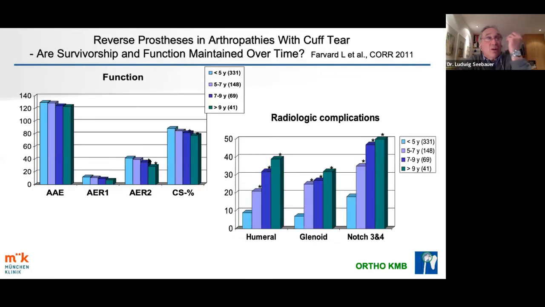Now, what's about long-term on all these things? Luc Favre has shown with his multi-center study that after 9 years, the radiological complications or changes are increasing, not the clinical things.